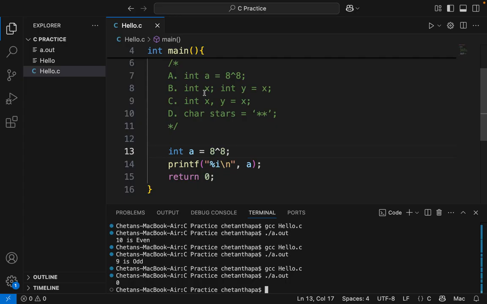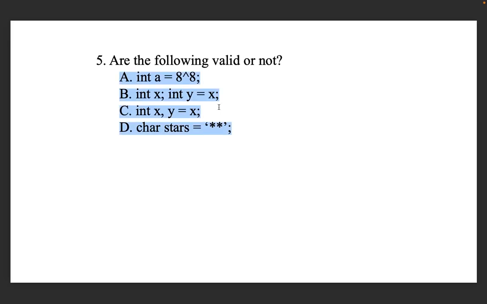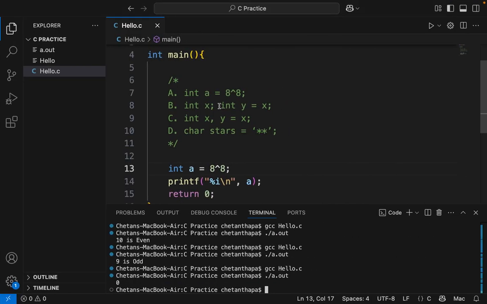And you need to check, is this valid? Int x, declare int x, y is equal to x. Is it valid? Yes, it will be valid. Here int x, y is equal to x, so this will be invalid. Okay, this will throw an error. Why?